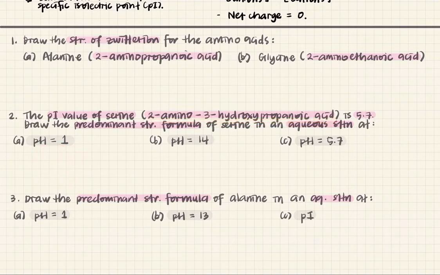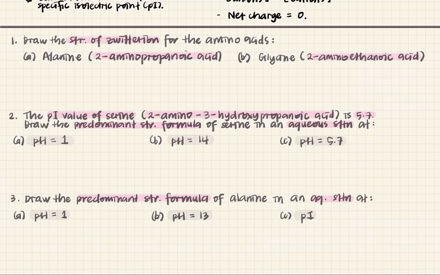Okay, so this one is basic. Which part of your amino acid will react with OH-? It will be your amino group, the NH3+. So later you will form more anion. So draw your anion here. Okay, pH equals 5.7. They have already told you that this is actually your PI.